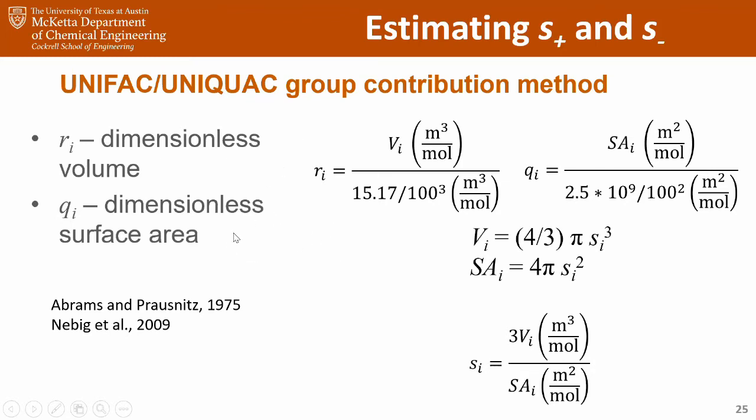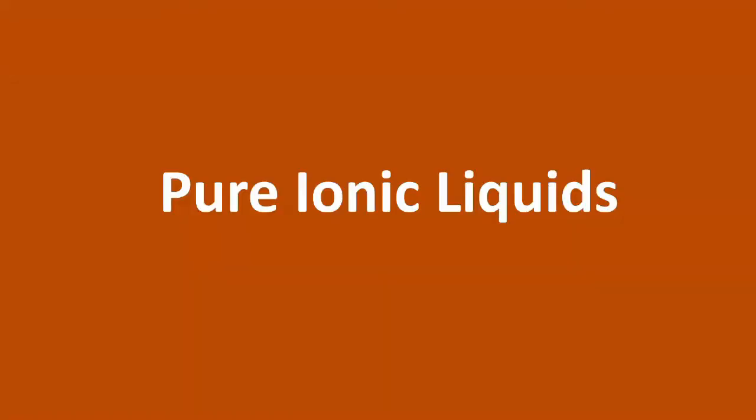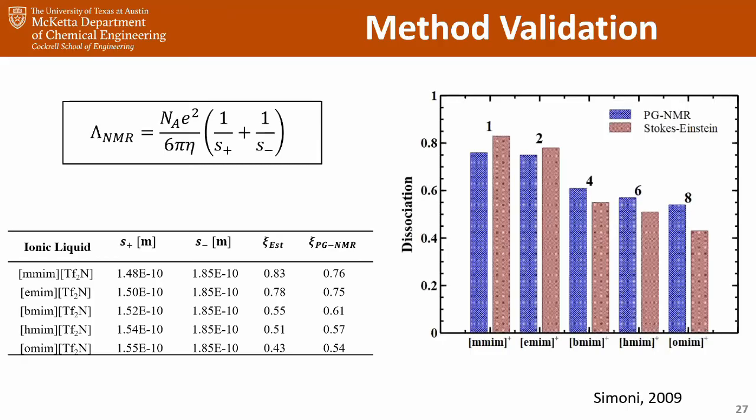So just adding up groups, and of course these values have been determined for groups in ionic liquids. That's the method we have used. There are many other possibilities. We realize there are pluses and minuses to each estimation technique for these sizes. All right, so now just to look at some of the results for the pure ionic liquids.